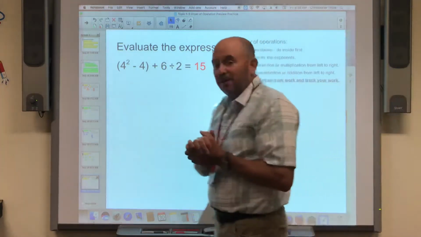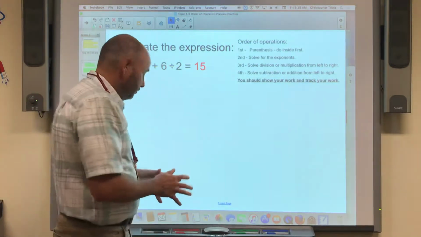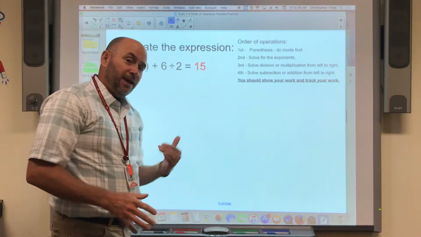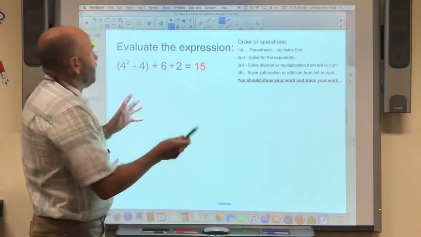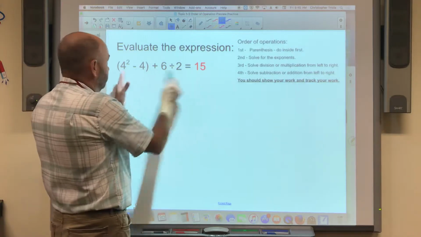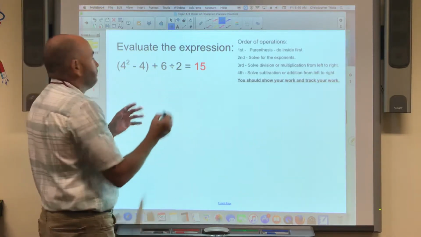Okay, here we go. Let's see if you have the same steps as I do. Remember, you can jump in as we go along, okay? All right, here we go. Now, our goal is to reach 15 using the order of operations with these numbers right here, okay?